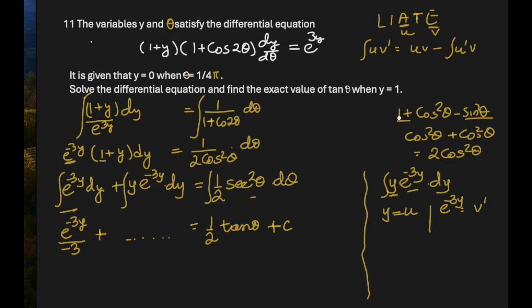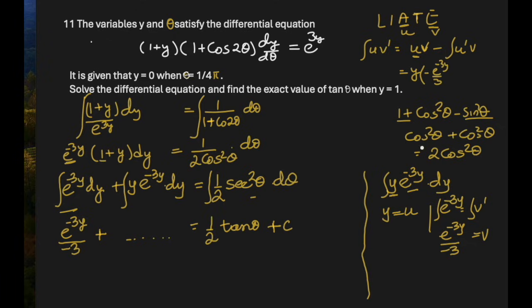So in our integration, u is y. V is not with us, v prime is with us. So if we integrate this, we'll get v, right? So let me integrate this. We have already done that. E to the power minus 3y over minus 3. So that will become this v, minus e to the power minus 3y over 3.